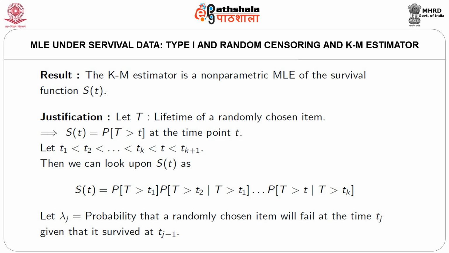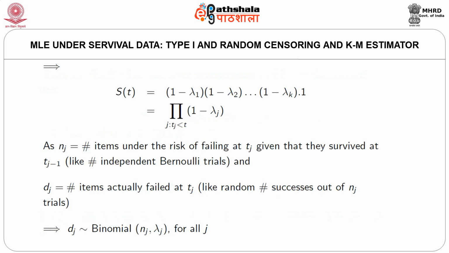Let us define lambda j equal to the probability that a randomly chosen item will fail at the time tj given that it survived up to tj. This implies R(t) equals (1 minus lambda 1) into (1 minus lambda 2) and so on, into (1 minus lambda k) into 1, because the last probability is the probability of a sure event.